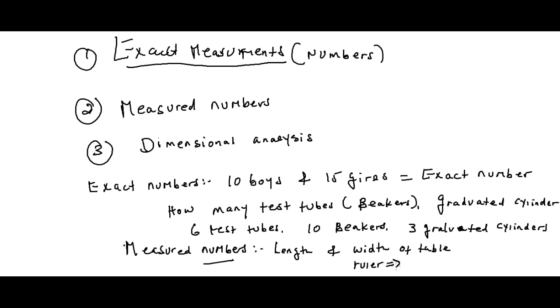Whatever number you get, that's called a measured number. Let's say the length of a regular table might be 7.5 centimeters, and the width would be, let's say, 4.2 centimeters. So this is going to be a measured number.